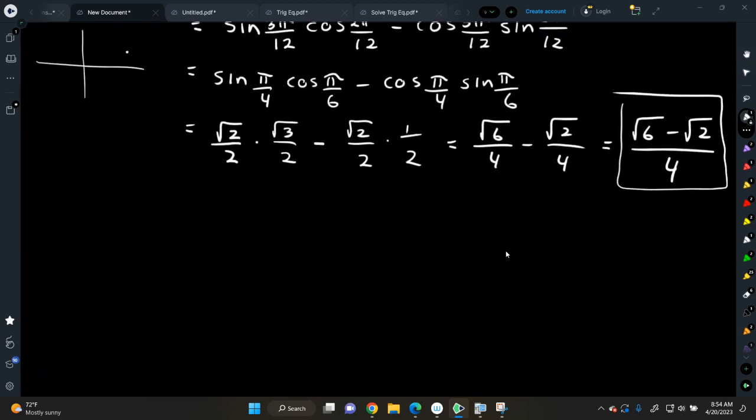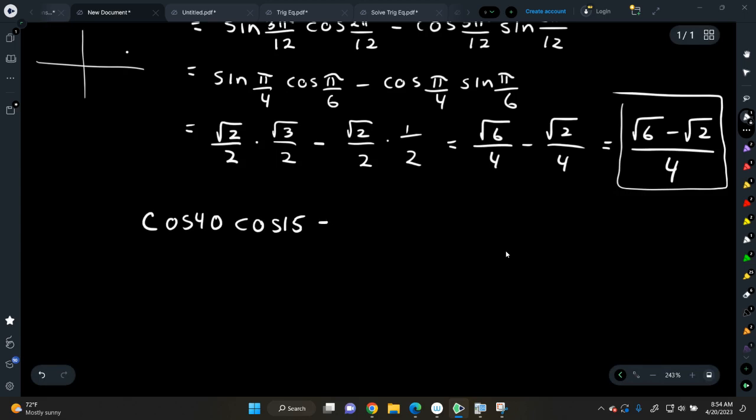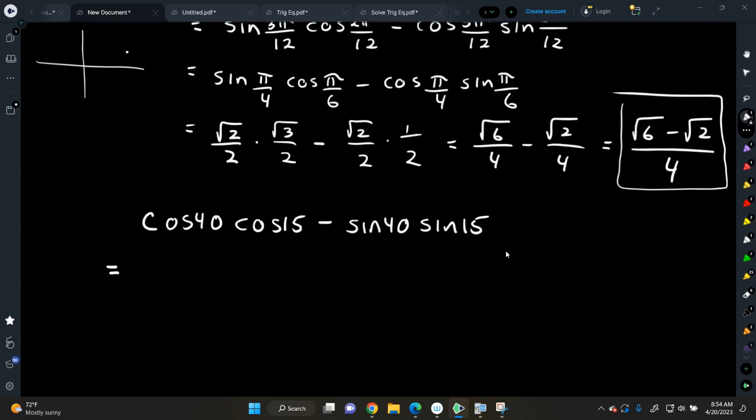Okay, so what if you were given something like this, cosine of 40 times cosine of 15 minus the sine of 40 times the sine of 15. Can you write that as a single trigonometric expression?